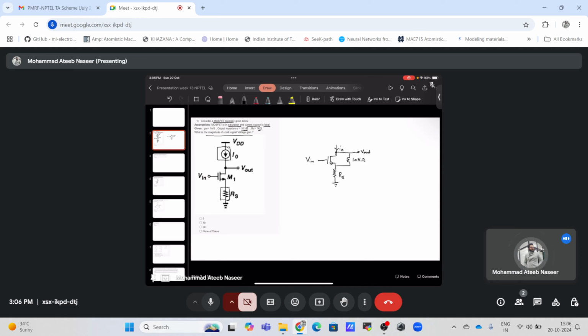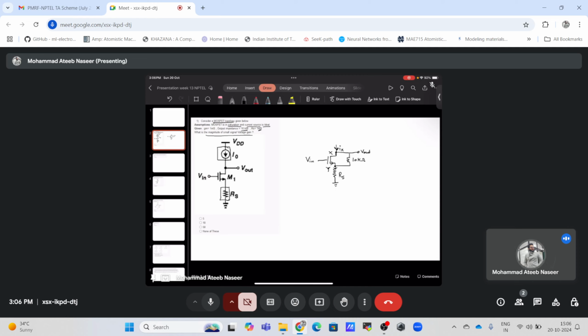Now if I consider this node to be Vx, node X, and this node Y, the current Ix which is flowing into this node X, the same current should flow out of this node Y.